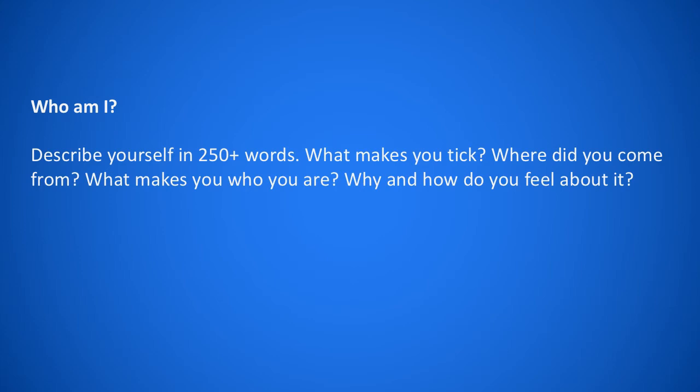However, if we were to answer this question as a character, I'll use Hamlet again as an example, I would describe myself, being Hamlet: what makes me tick? Where did I come from? Who are the queen and the king? Things like that. And you would again always speak in the first person.